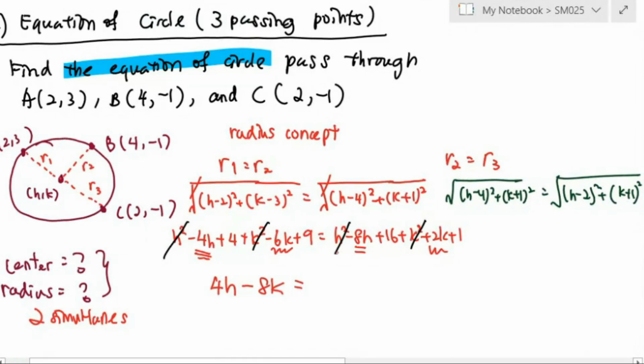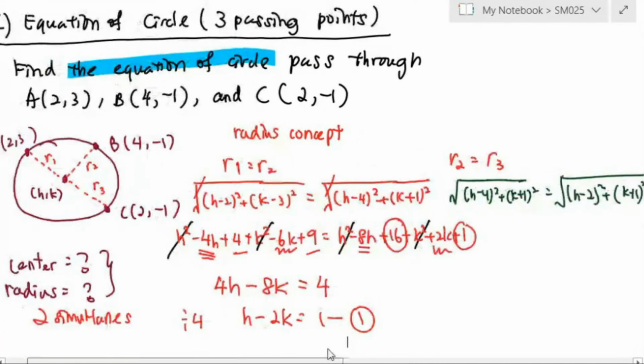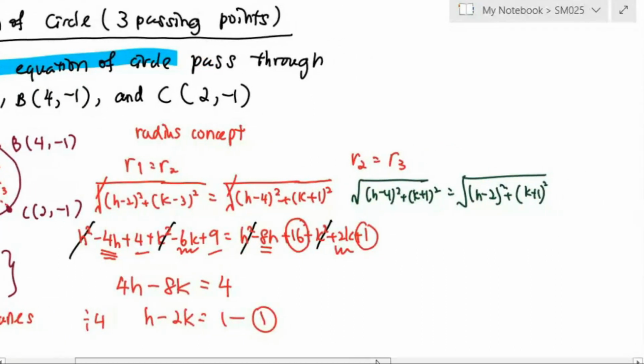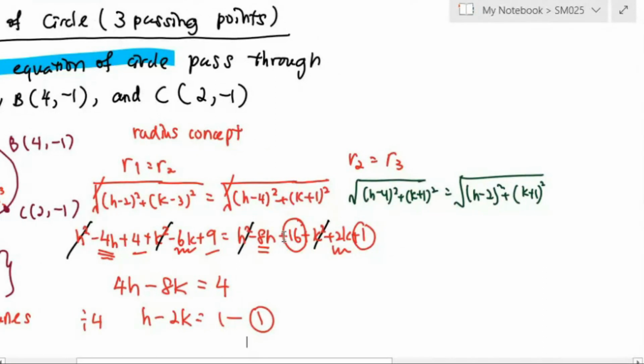Then I leave the constant on the right hand side, so it will be 4 only. We can still simplify by dividing by 4. So this is my simplest first equation. We build up two simultaneous equations in order to find the center first. Once your center comes out, the radius will be easier.